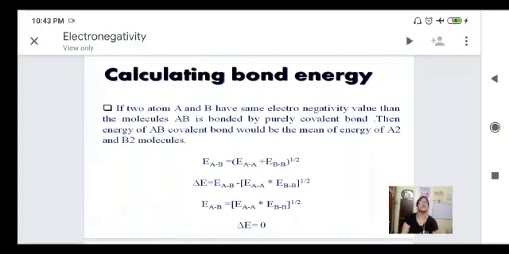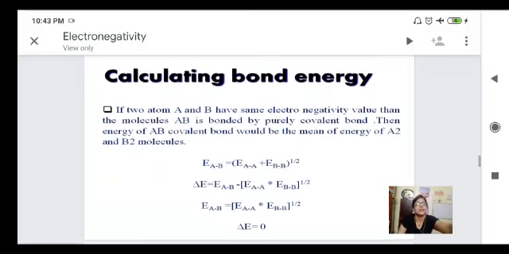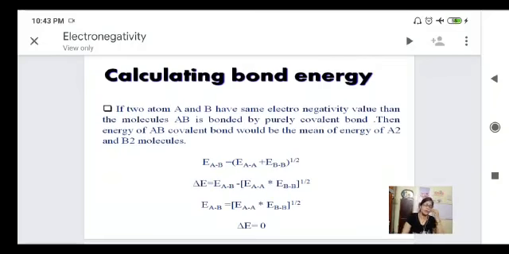Now, calculation of bond energy. How to calculate? We said that the Pauling scale calculates the bond energy between two purely covalent atoms and takes the energy difference between them as measured and as predicted. The difference in energy is measured by the term electronegativity.